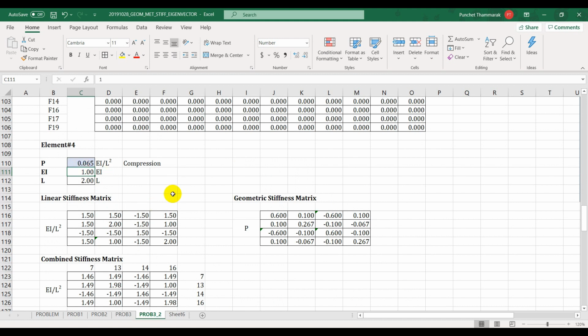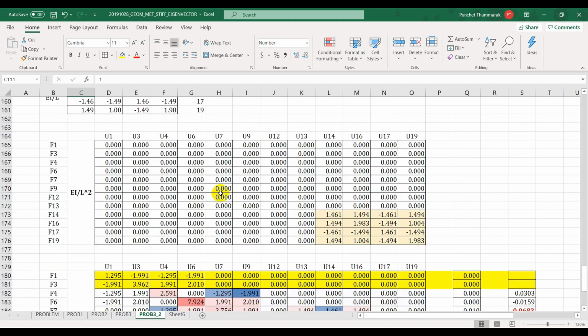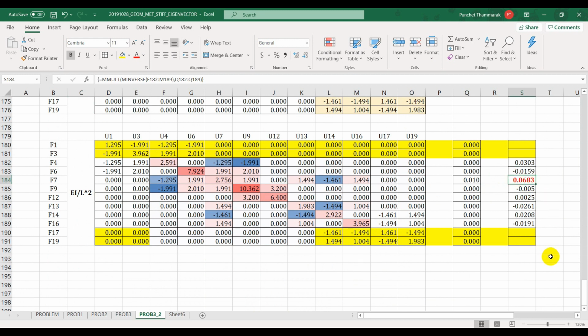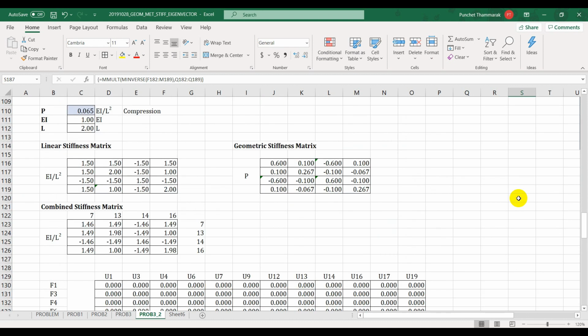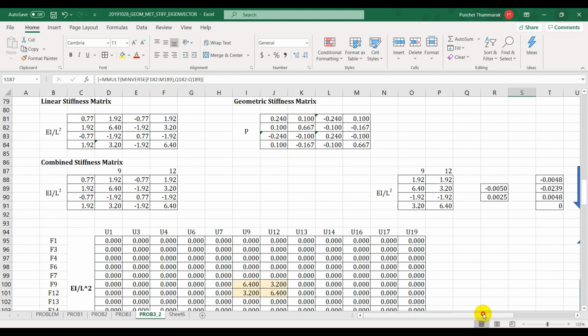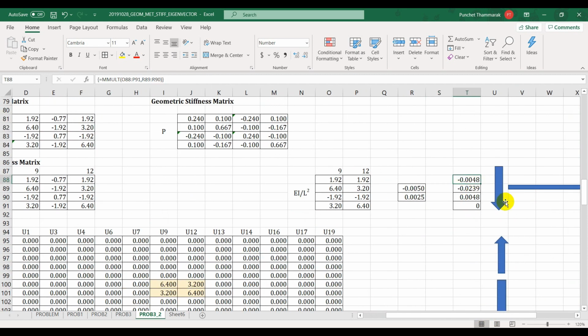You get the new set of solution. Turns out to be 0.683 for the U7. We plug in the U9 and U12 into the beam, and we end up with 0.0048.